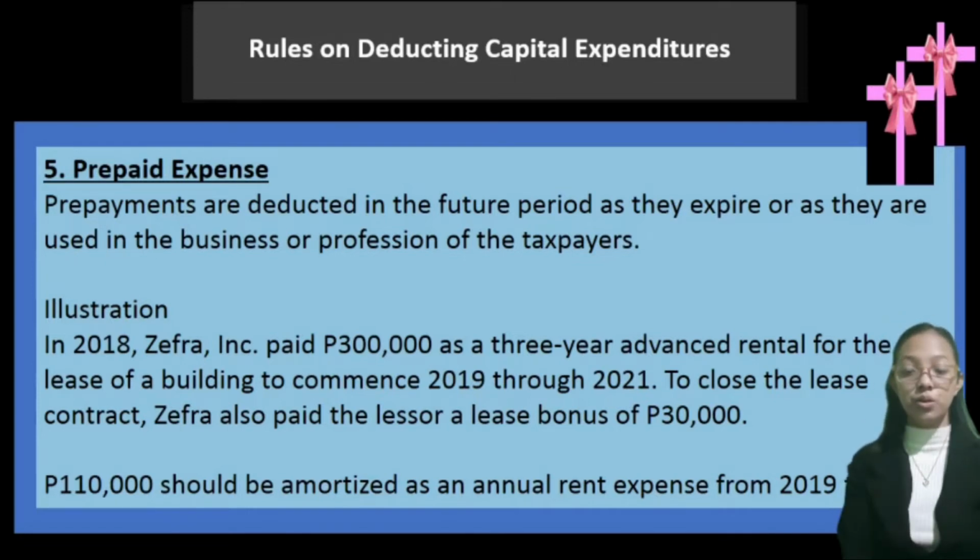A lease bonus is not an expense but a prepayment that should be amortized together with the $300,000 prepaid rentals. So, $300,000 plus $30,000 equals $330,000 divided by 3 years is $110,000. The $110,000 should be amortized as the annual rent expense of the 3 years.